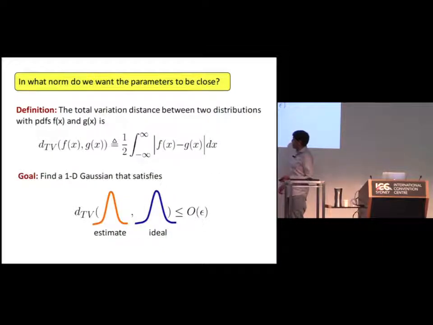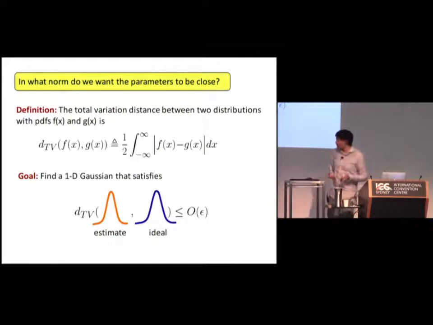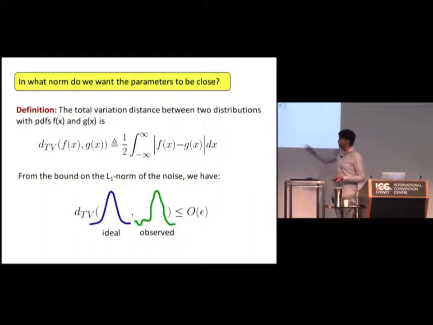Our goal then is to find an estimate within this family, so another Gaussian with some mean mu hat and variance sigma hat squared, so that our estimate is close to the true model according to the total variation distance. We have the promise at the start of the problem that we were close in total variation distance to this family of Gaussians.